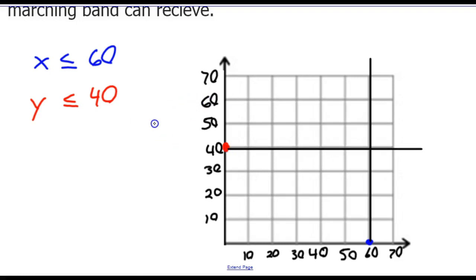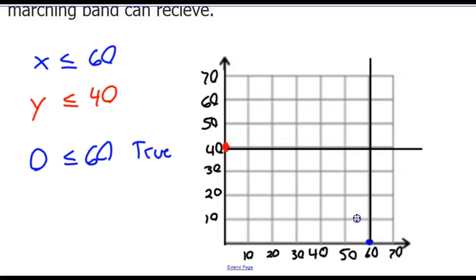So if we test these to see where they could cross, 0, 0 is not a part of any of them. So we could test x is less than or equal to 60 by putting 0. 0 is less than 60, which is true.